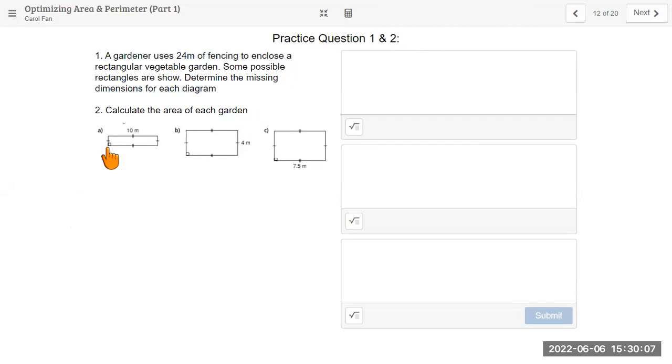So we know that as a rectangle, we have two sets of two similar sides. In my first example, I have 10 here. So on this side, this is also going to be 10.